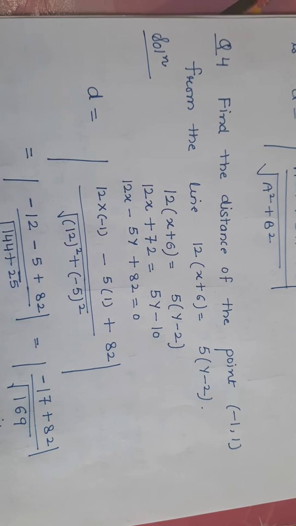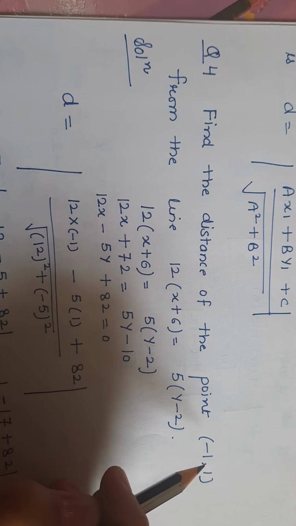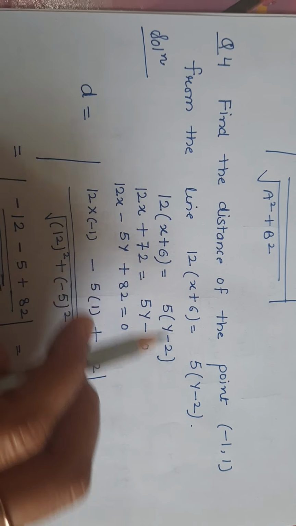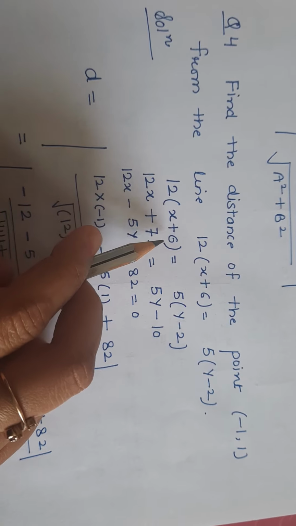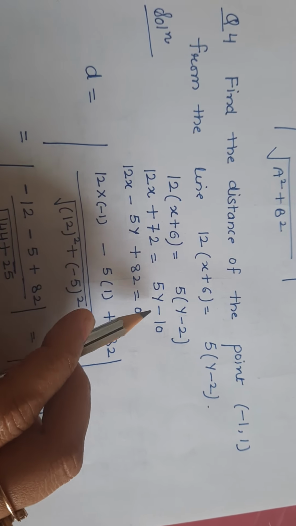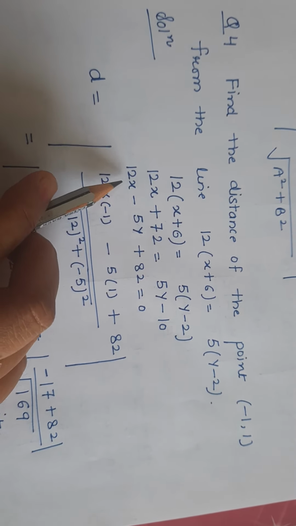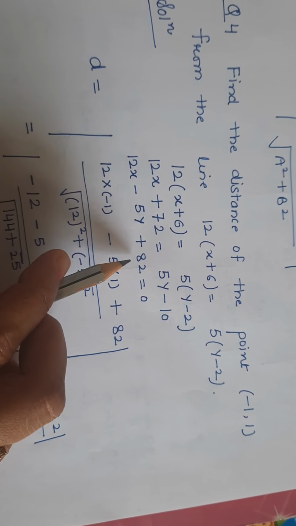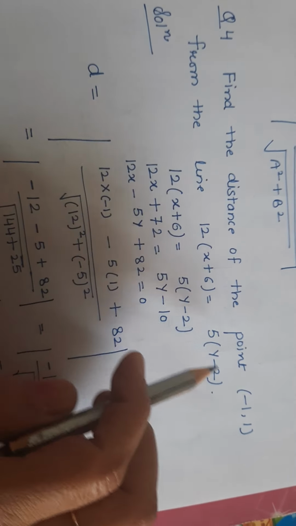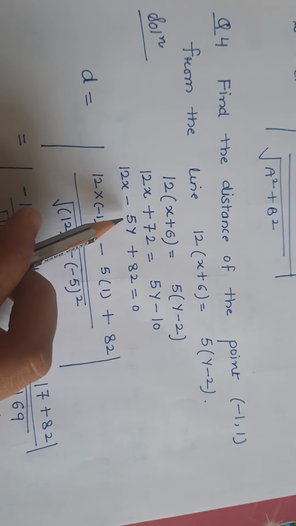Question: find the distance of point minus 1, 1 from this line. So your line is 12x plus 72 equal to 5y minus 10. So the equation is 12x minus 5y plus 82 equal to 0. Now find the distance of this point from the line.